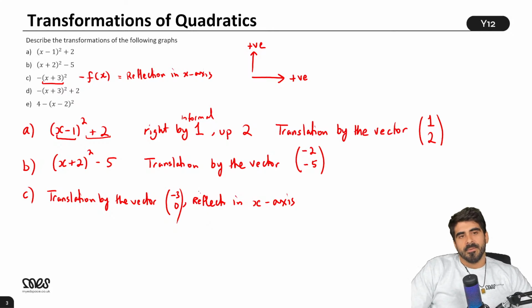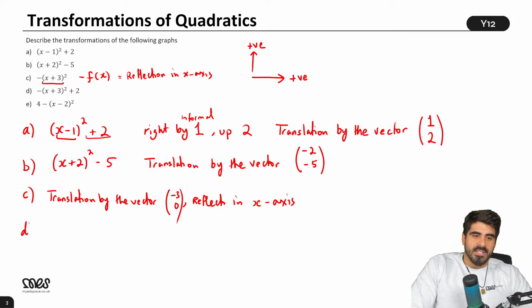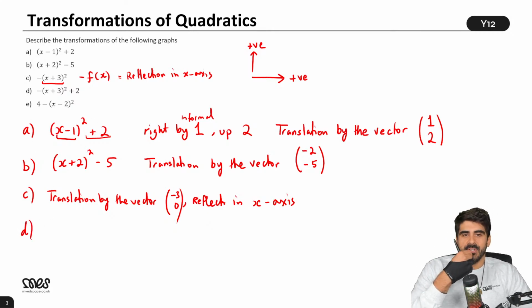Nice. Now, part D, I'm interested to see how you guys describe this. What do you guys think? Minus x plus 3 squared plus 2. How does that look? What's going on there? Be very careful about this one.